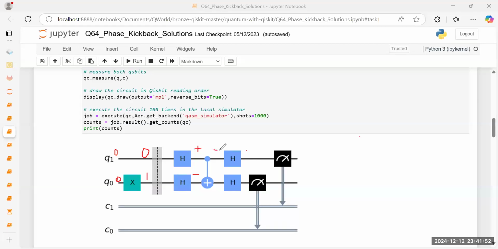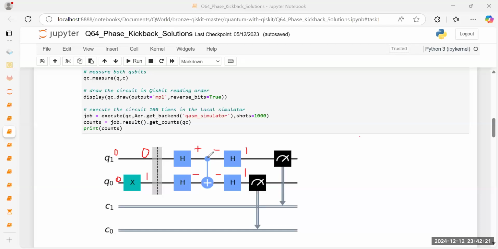Then here, we're going to get minus, minus, then 1, 1. So also here, there is no operator here that is a constant operator, because the Hadamard, for example, if you apply to 0, we get plus, and if you apply to 1, we're going to get minus.